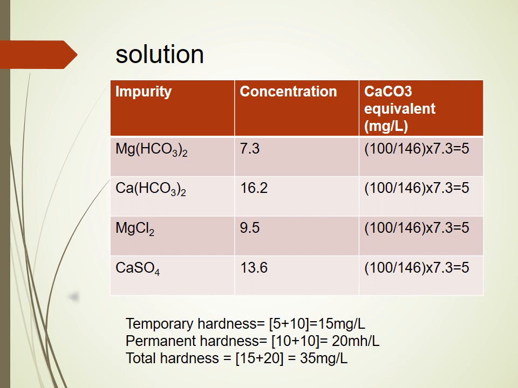So the sum is 20 milligrams per liter. We discussed previously that the total hardness is the sum of the temporary hardness and the permanent hardness, so it is 15 plus 20, which is 35 milligrams per liter. That is the total hardness present in the water.